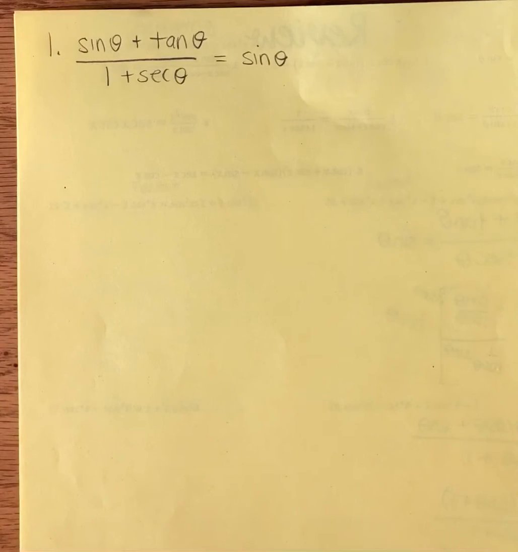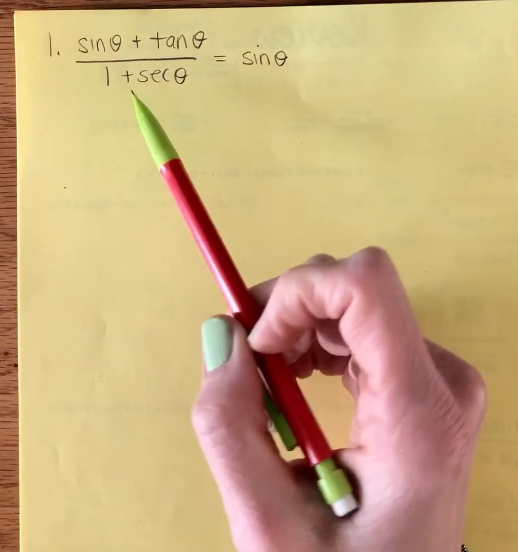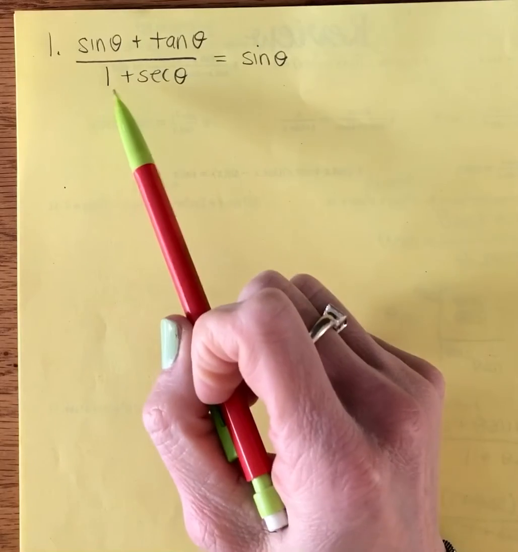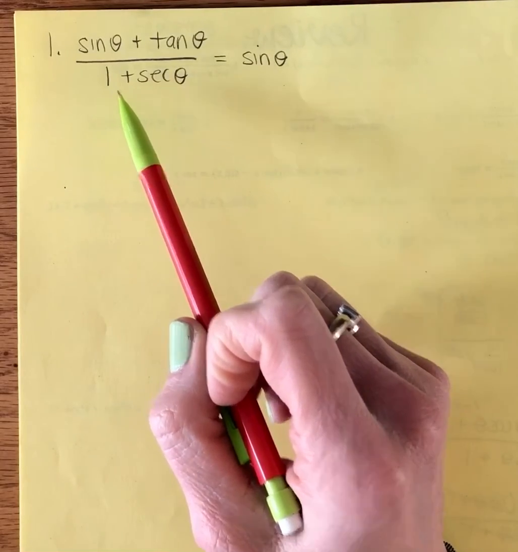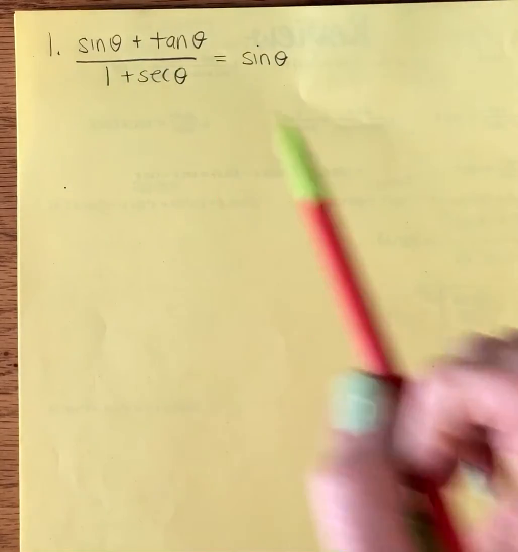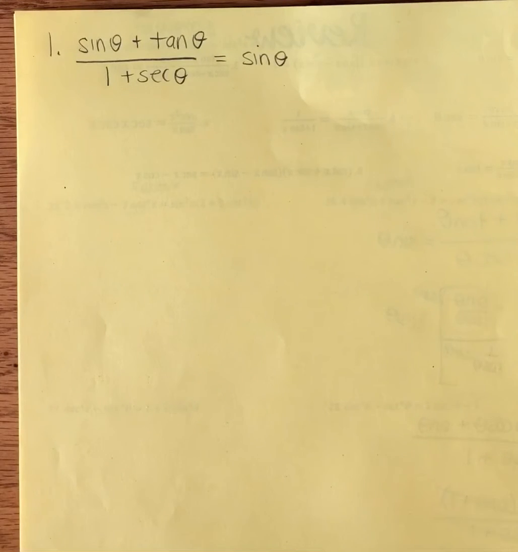The other reason I chose this one is because when you look at this problem here and you want to work on the left-hand side, you're probably thinking of how to make the denominator into an identity. At least I hope that's what you're thinking. And the only identity with secant would be one using secant squared. And that identity is that tangent squared is equal to secant squared minus 1.